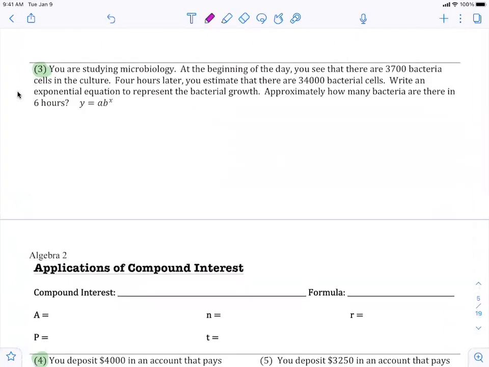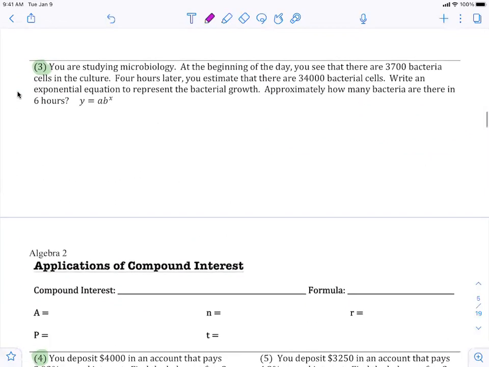When you're working with a problem that looks like this, a is always going to represent the same as above, the initial amount. b is still going to represent the rate.